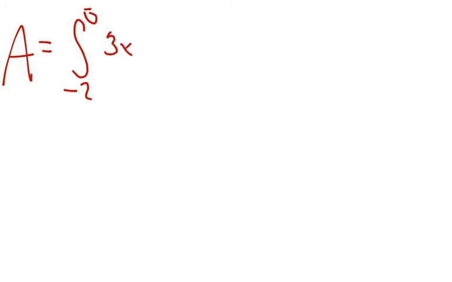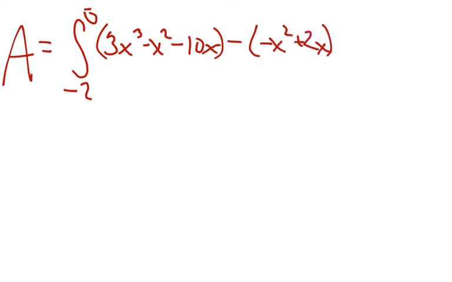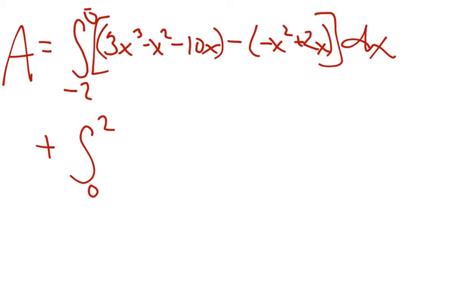Alright, so the area here, the first definite integral, as we said, from negative 2 to 0, is going to be the cubic on top. Let me double check that. 3x cubed minus x squared minus 10x, that's the top function, minus negative x squared plus 2x, that's the bottom function, dx, plus the definite integral from 0 to 2, and then we reverse the order of the subtraction.